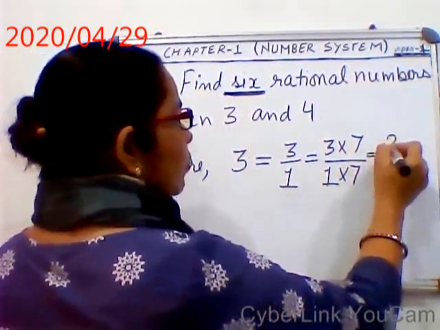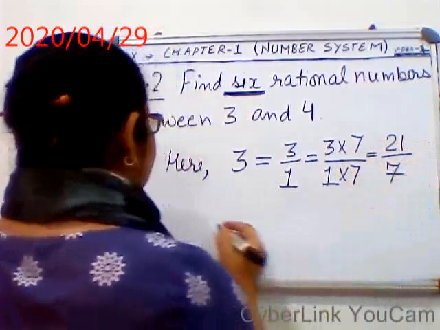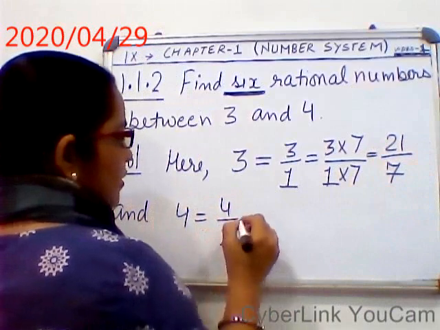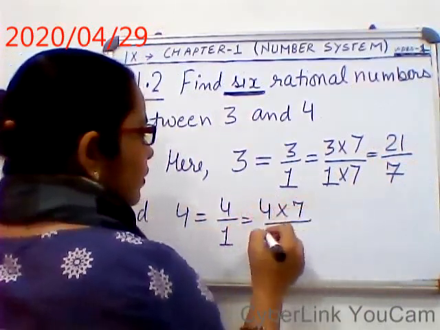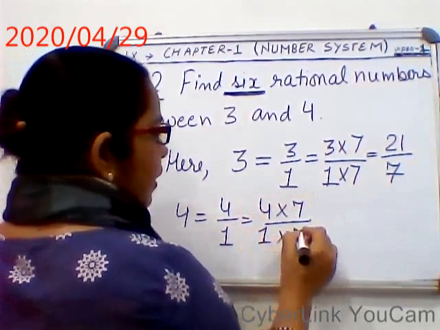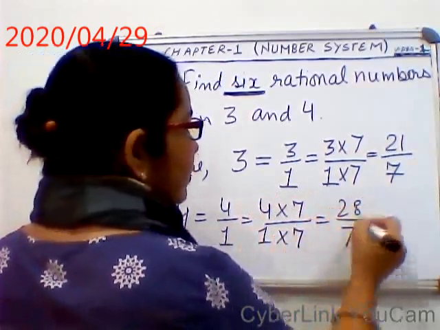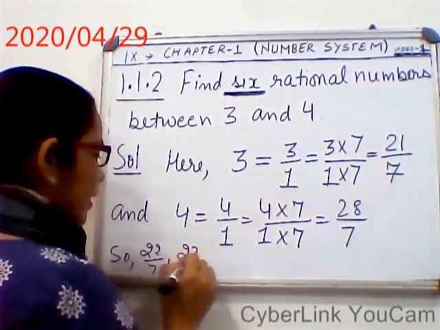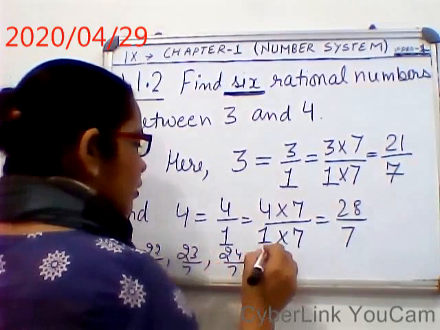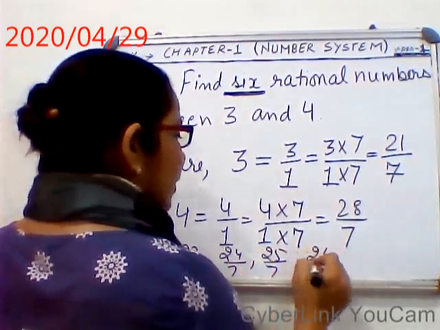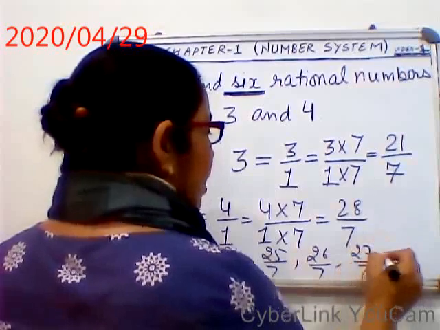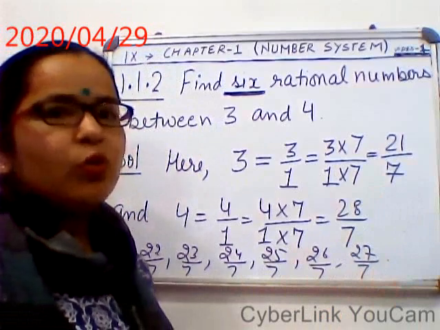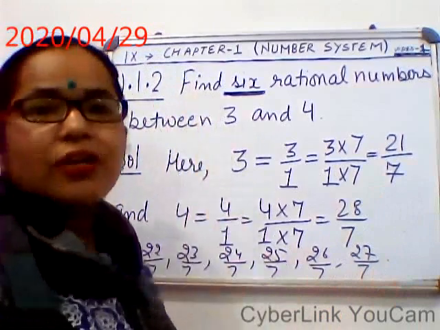So we get numerator 21, denominator 7, and 4 similarly is equal to 4 multiplied by 7 over 1 multiplied by 7, which is 28 by 7. So 22 by 7, 23 by 7, 24 by 7, 25 by 7, 26 by 7, 27 by 7 are 6 rational numbers between 3 and 4. Similarly, you can do any question like this. So try to do this exercise.